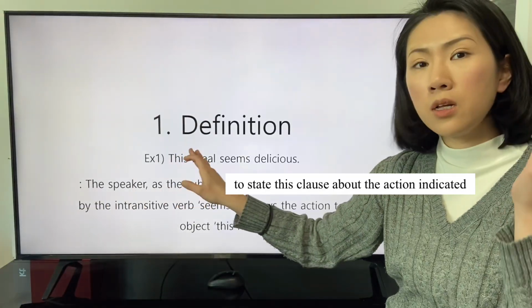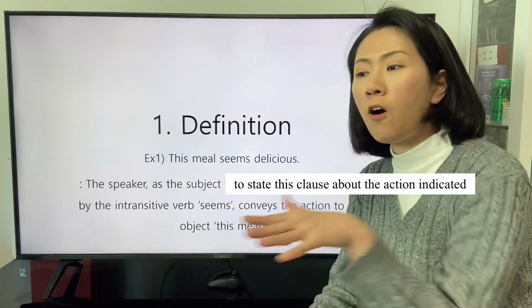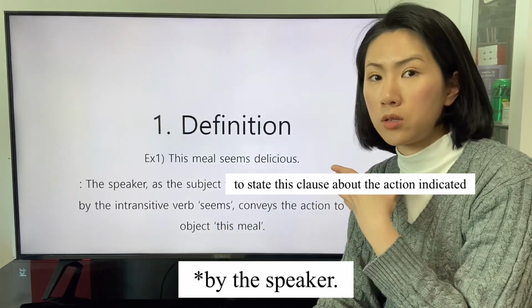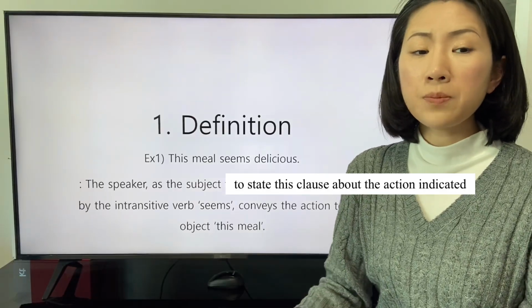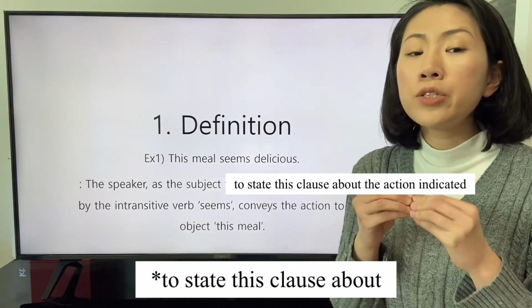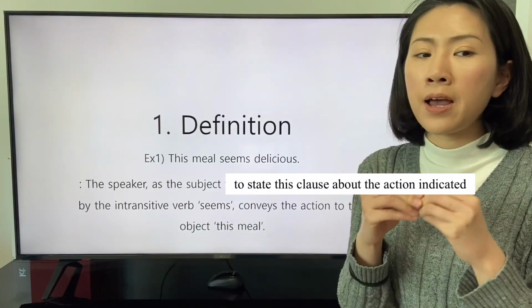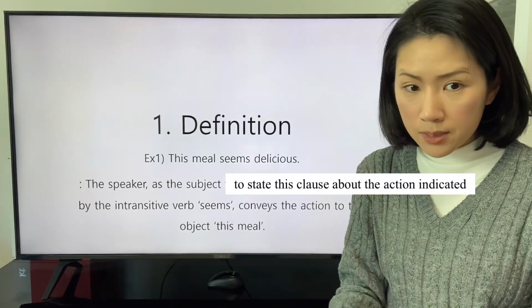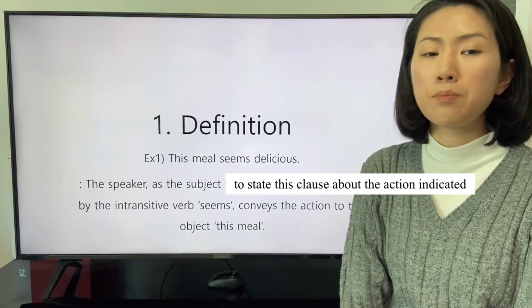So this meal, that is the subject in this clause, is the object of the statement with the speaker. The speaker as the subject, the action indicated by the intransitive verb seems conveys the action to the object, this meal.